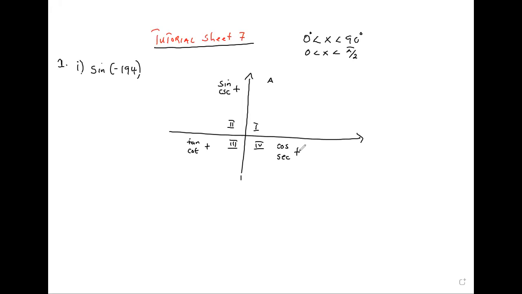For example, 45 is in the first quadrant. There's an angle that gives us the exact value as 45 in the second quadrant.